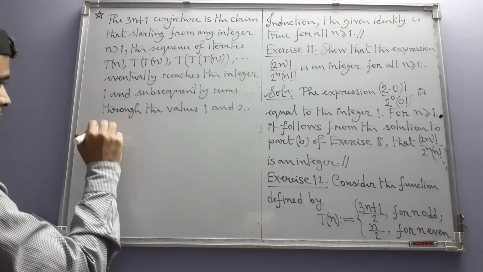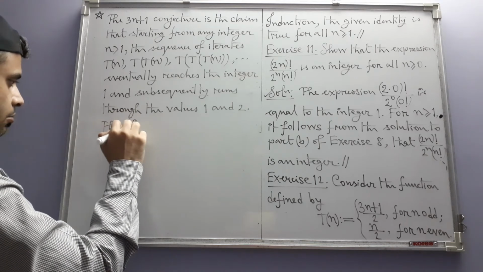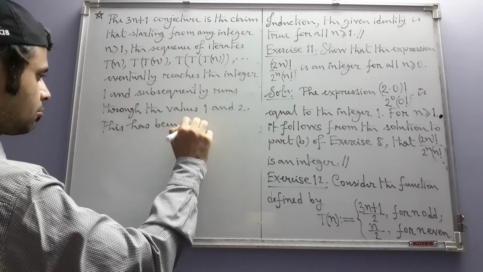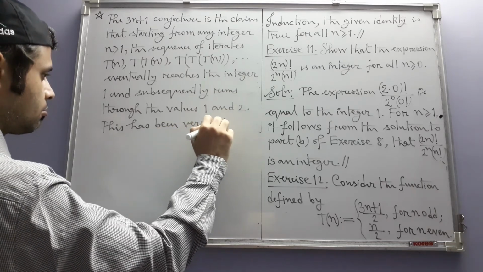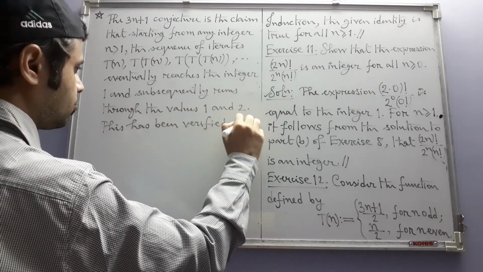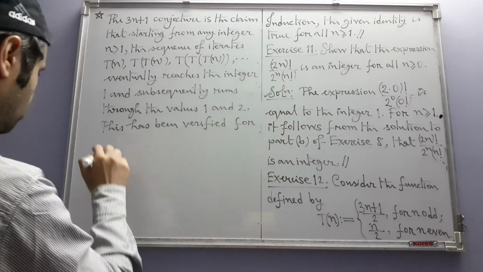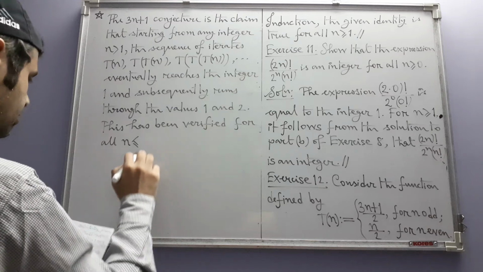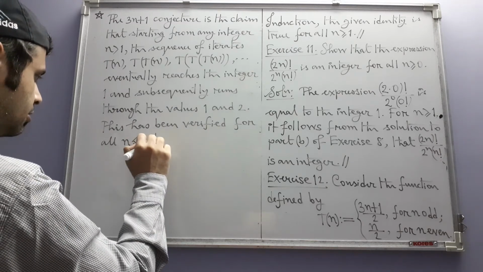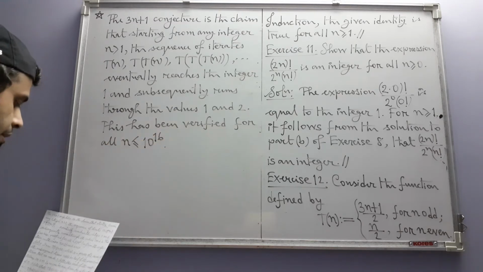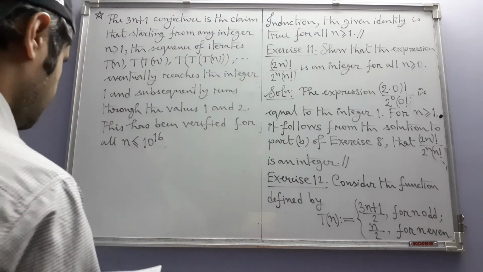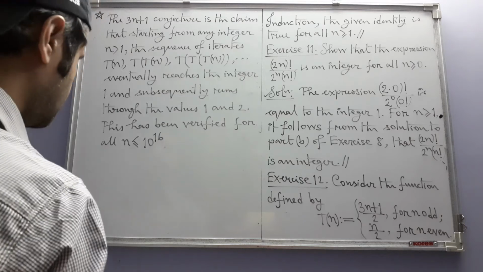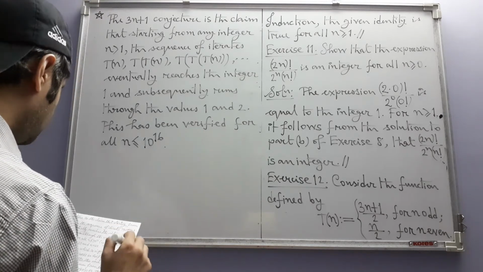This has been verified for all n less than or equal to 10 to the power 16. 10 to the power 16 is a very large number, 1 followed by 16 zeros.